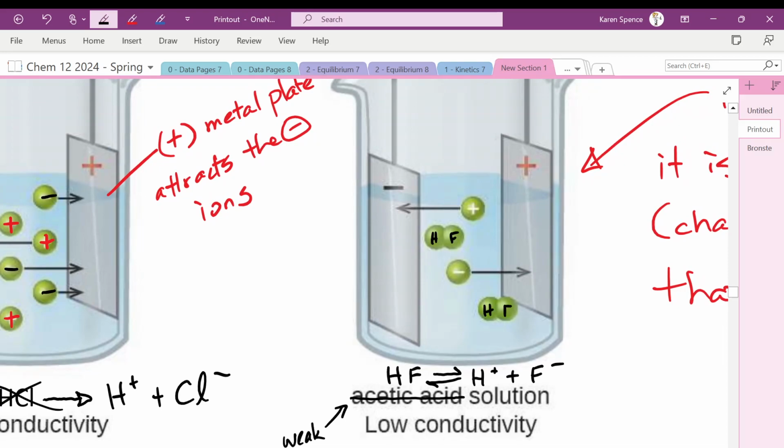And what can you say about an HF particle? What is its overall charge? HF is neutral.